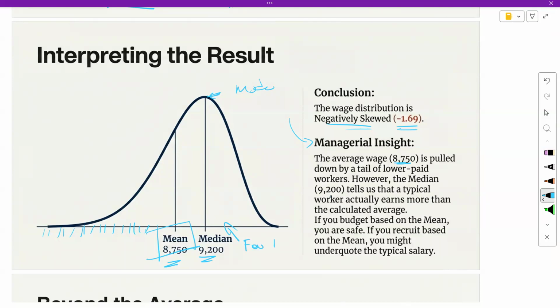However, the median of 9,200 tells us that typical workers actually earn more than the average. If you recruit based on the mean, you might undercut the typical salary.